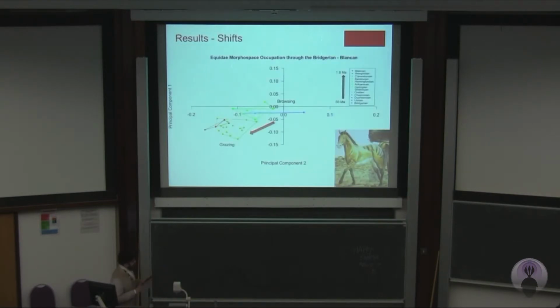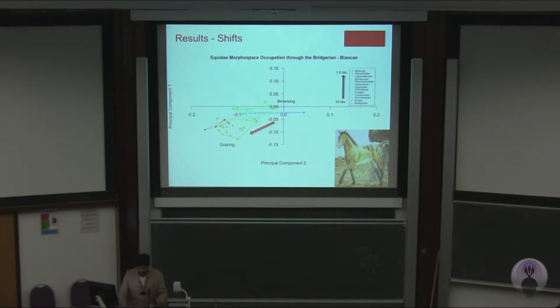Getting down to the family level results, horses, which have long been known as the poster boys of the transition from browsing to grazing, illustrate it right here. It's a nice transition towards the bottom left, going from browsing taxa to grazing taxa.